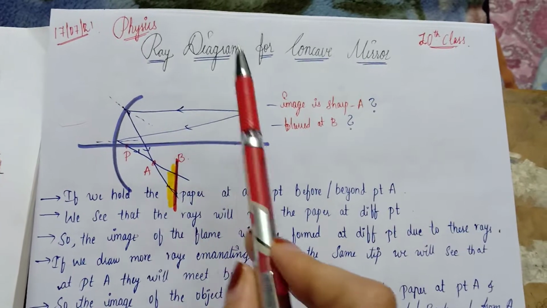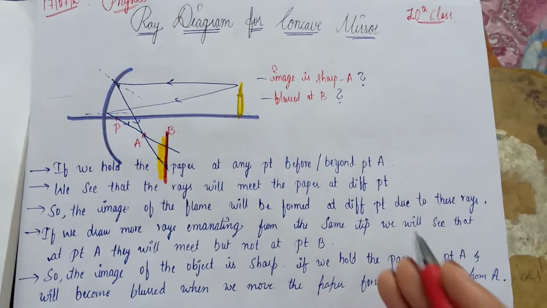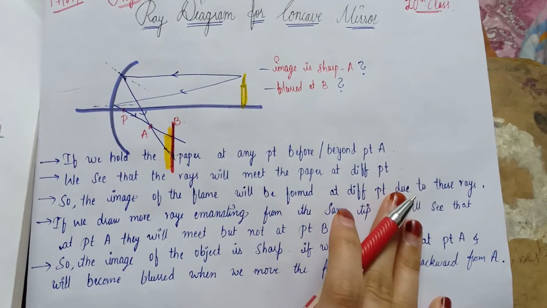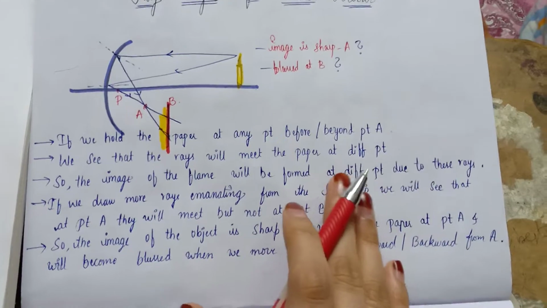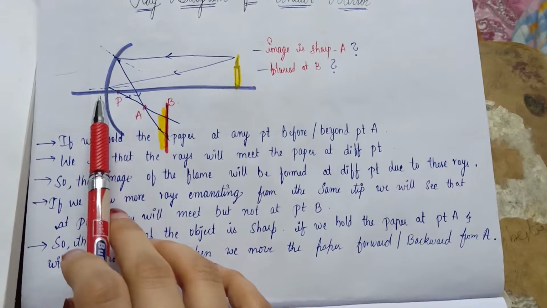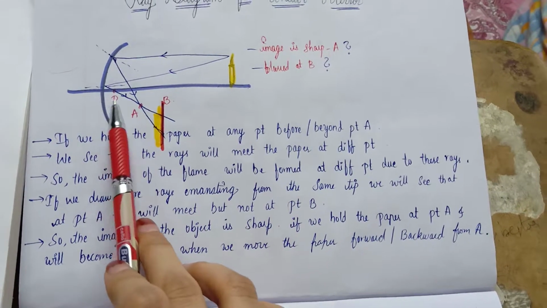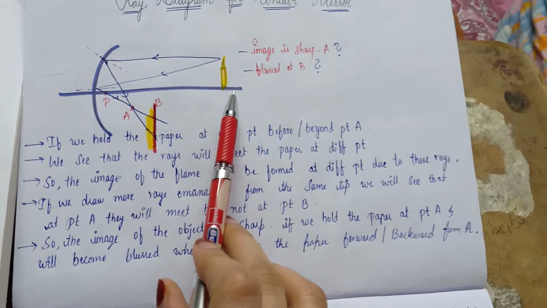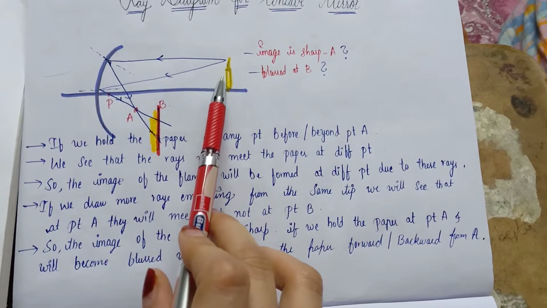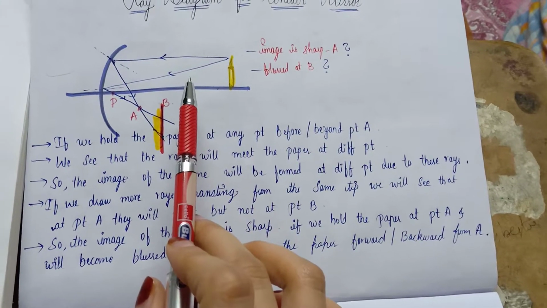To draw a ray diagram, we shall have to develop a technique. Let us take an example. Assume that this is our concave mirror, this is our candle, and this is our axis, which means a candle is placed at some distance along the axis of the mirror.